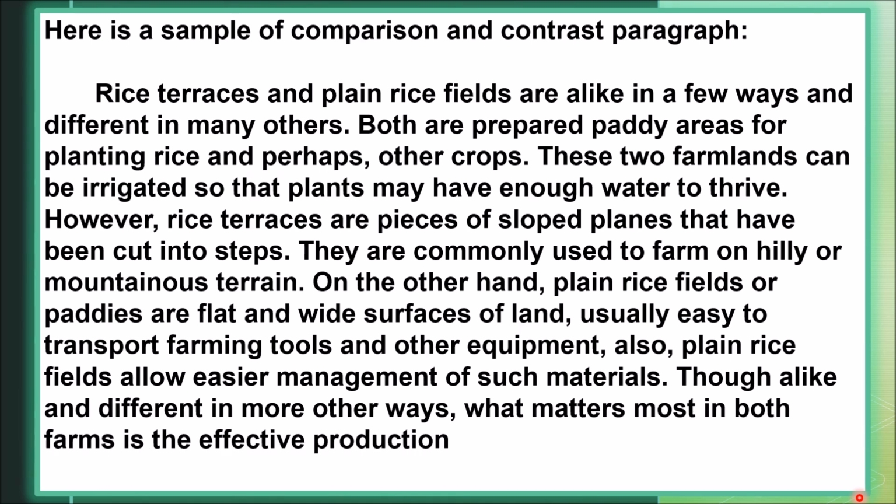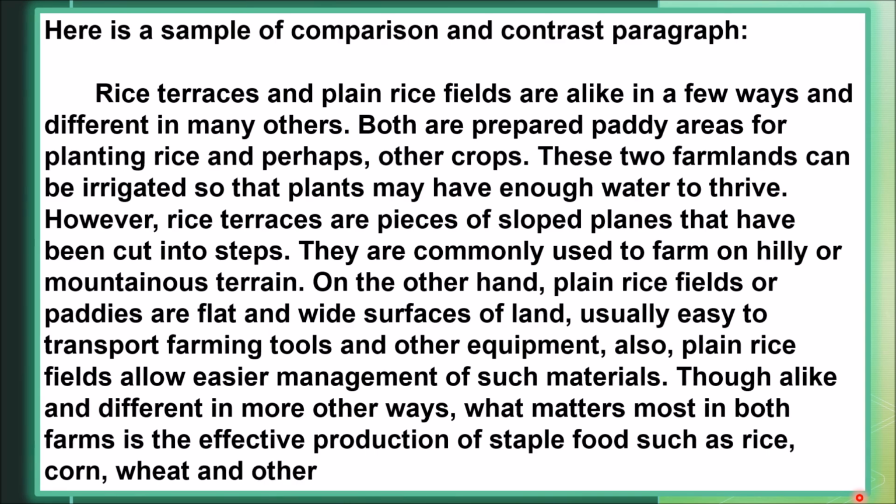What matters most in both farms is the effective production of staple food such as rice, corn, wheat, and other crops. Okay? This is the sample of comparison and contrast. Okay? Likewise, and the Venn diagram that I have shown you a while ago.